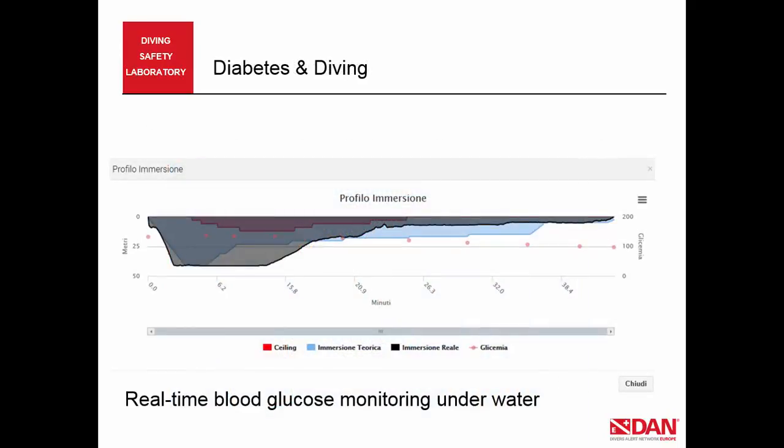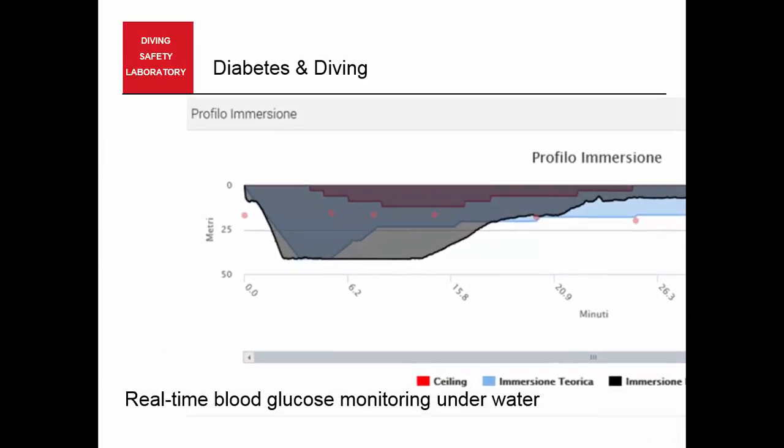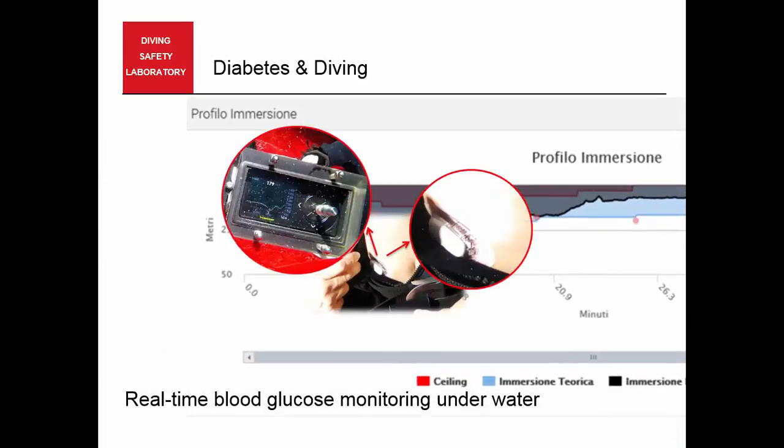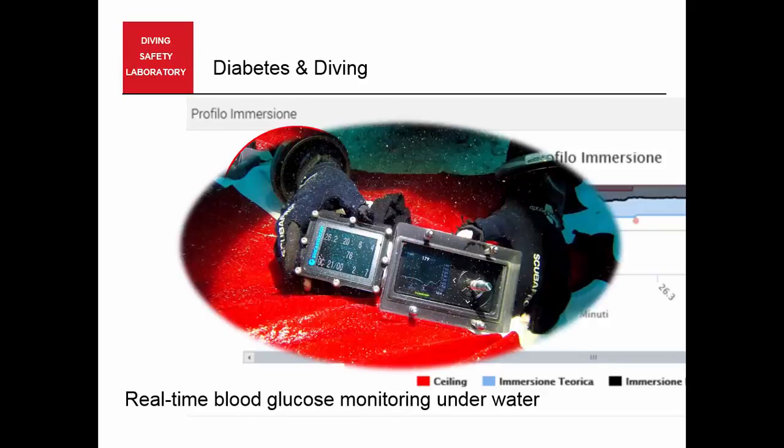The recent development of real-time blood glucose monitoring devices has now been expanded for underwater applications. This means that instead of doing pre- and post-dive blood glucose assessments in diabetics, it is possible to monitor blood glucose changes throughout the dive.